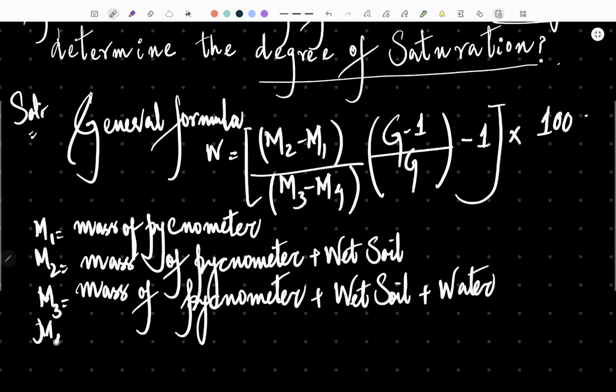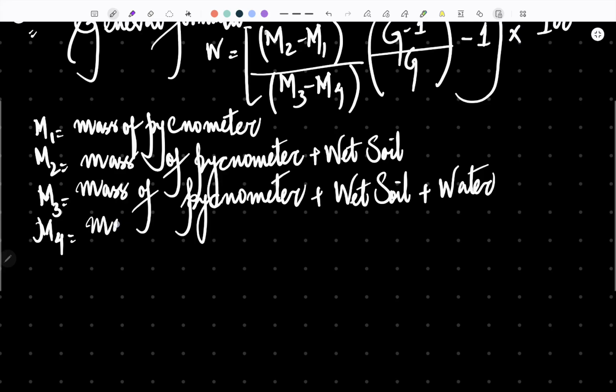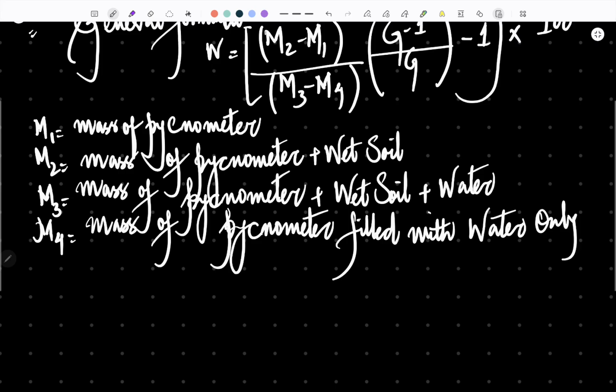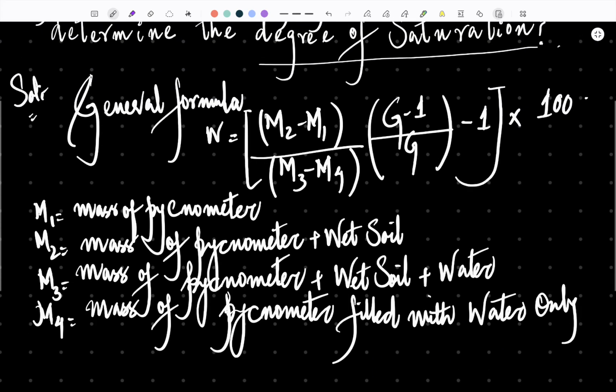M4 is the mass of pycnometer filled with water only. So we'll see what data has been provided in the question, and we'll substitute the values in the general formula, and we'll have the water content of the soil system.